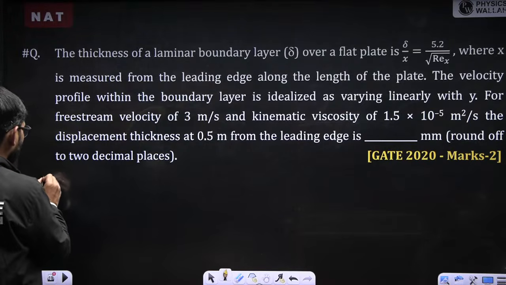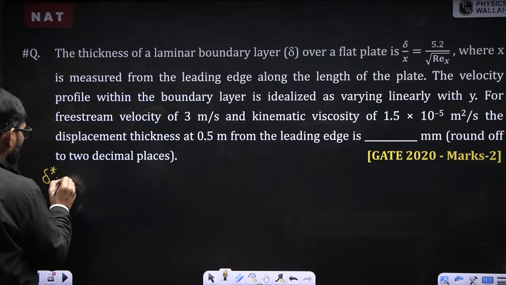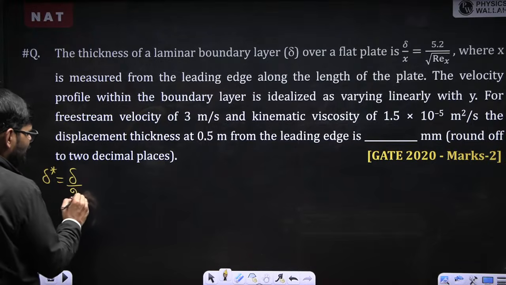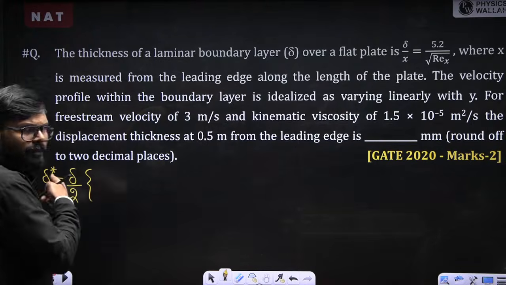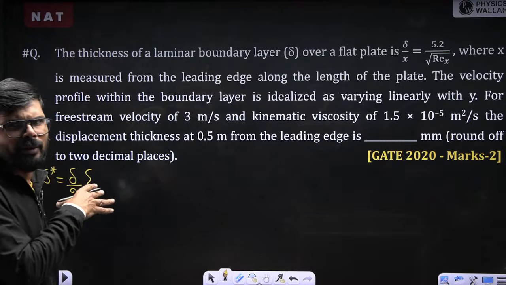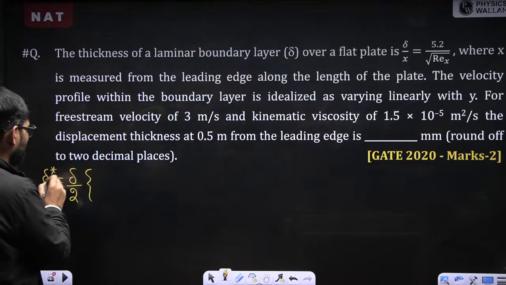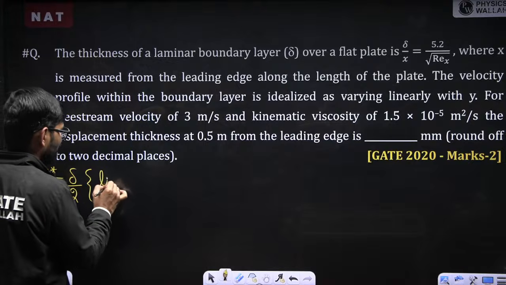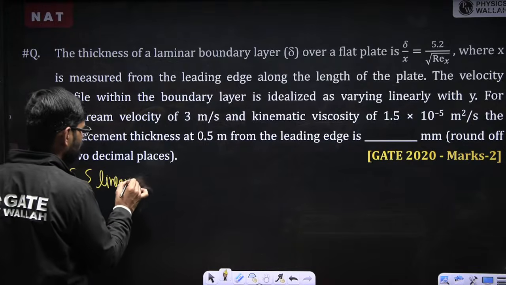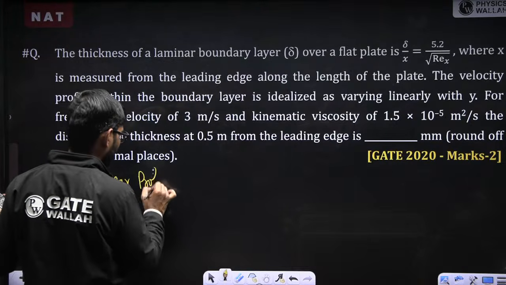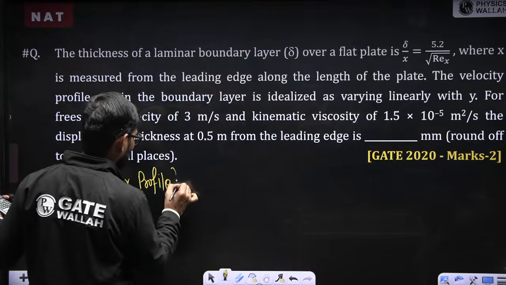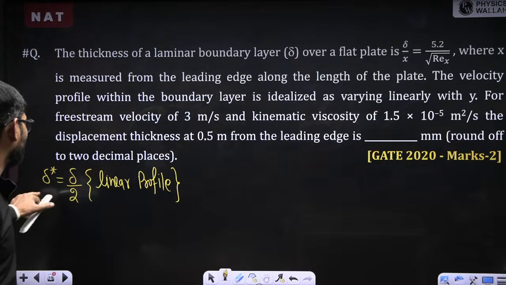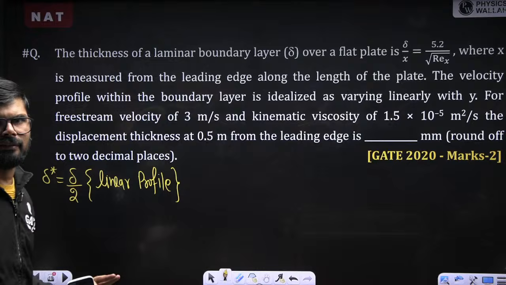Displacement thickness delta star is equal to delta by 2. I'm not deriving it again, just like the momentum thickness we derived. This is for a linear profile. If anyone has confusion here, then I will derive.